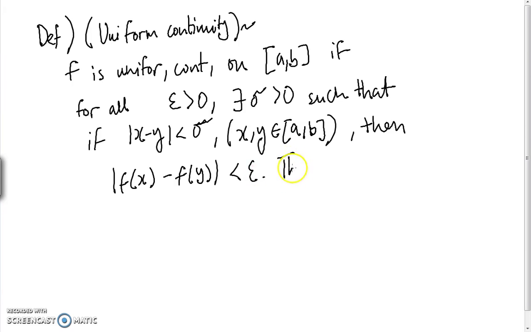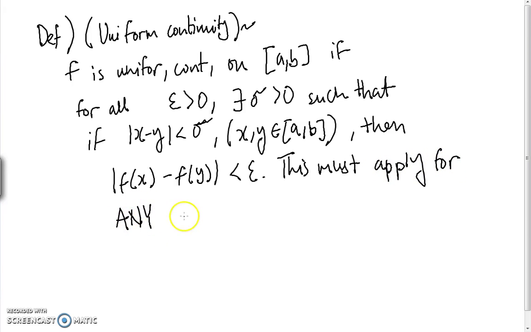And this must apply for any two x, y in AB. So this looks awfully similar to the definition of continuity.